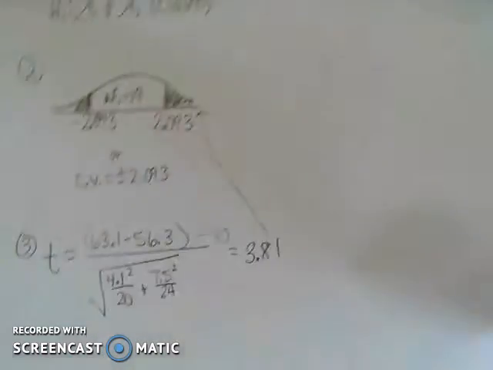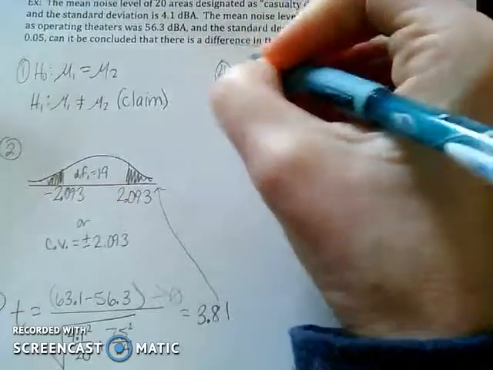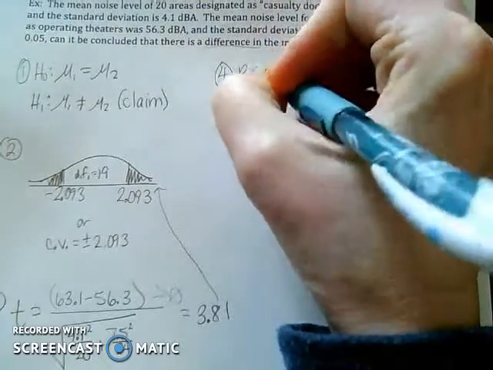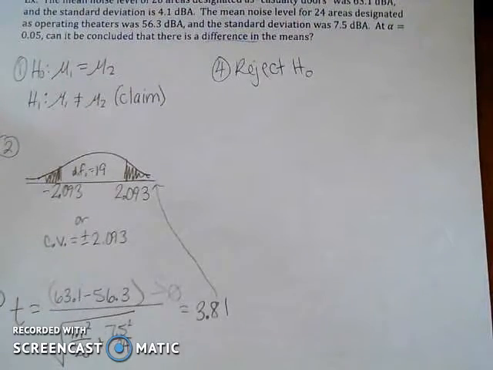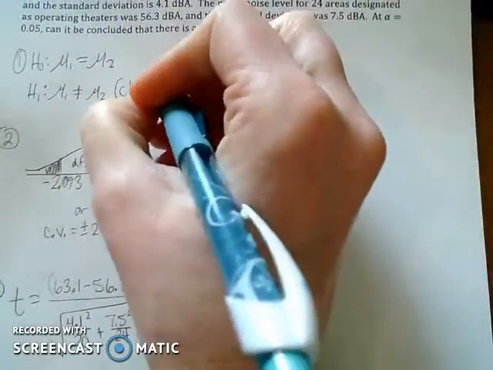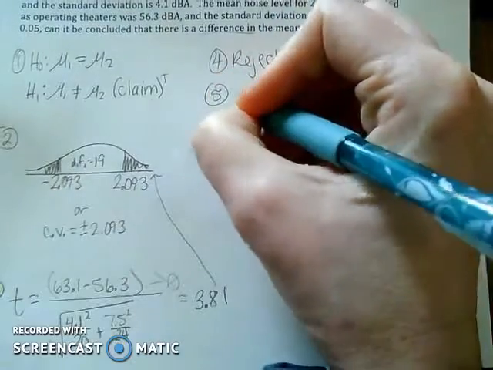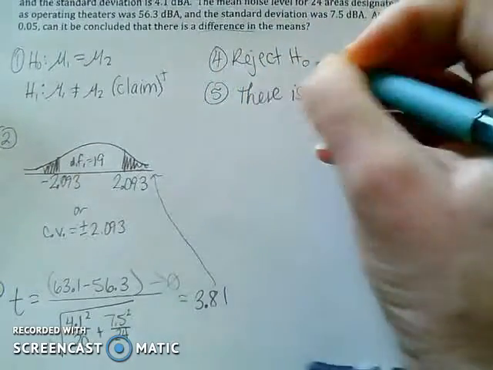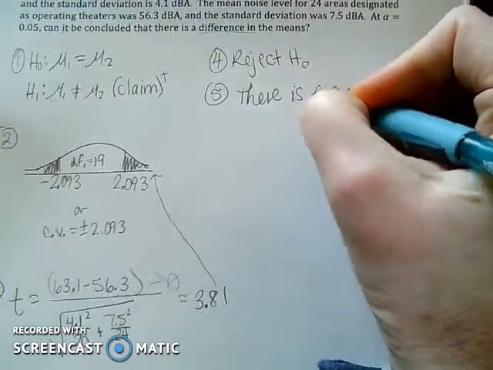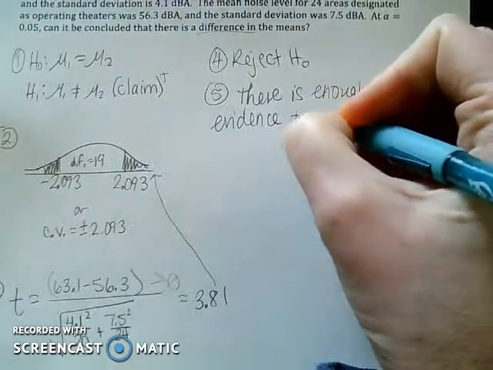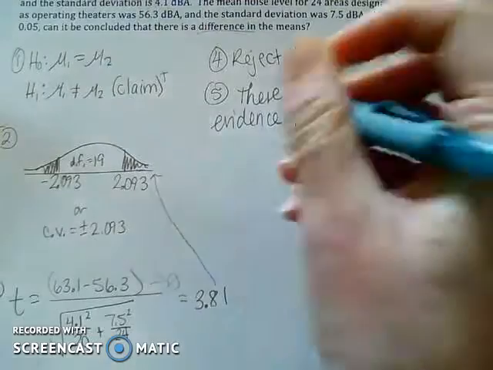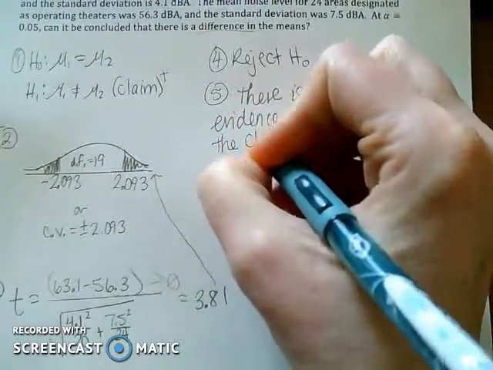That's over here. So number 4, that means we need to reject our null hypothesis. So we're rejecting this one, meaning this one is true. So there is enough evidence to support the claim, or conclude if you want to use that instead.